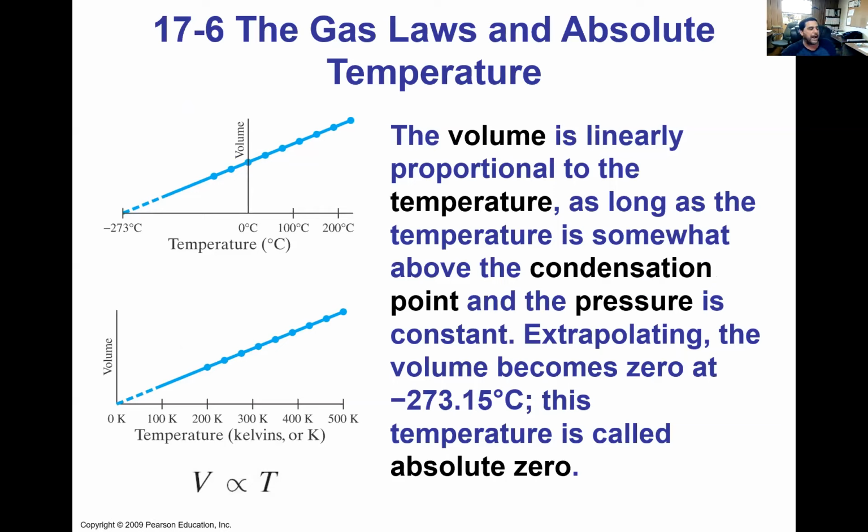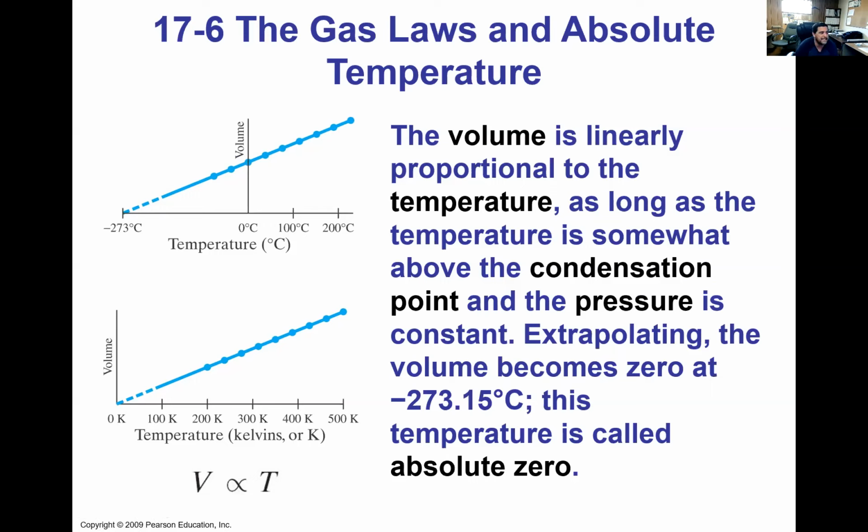So if you extrapolate the volume beyond zero, so if you extend the volume past zero, you get to some theoretical point. We've gotten close to this theoretical point, but to the best of my knowledge, they haven't quite hit it yet. Scientists are extremely close, but they haven't reached it yet.